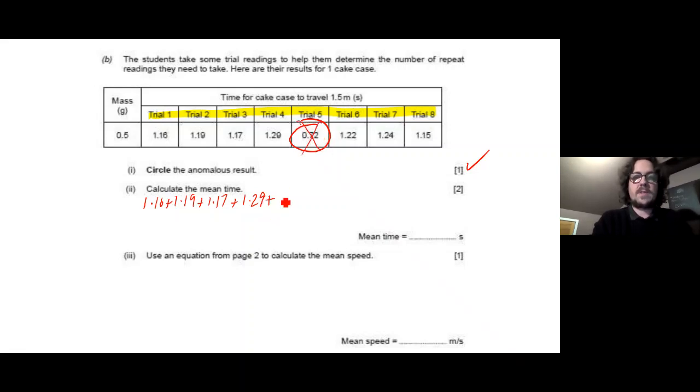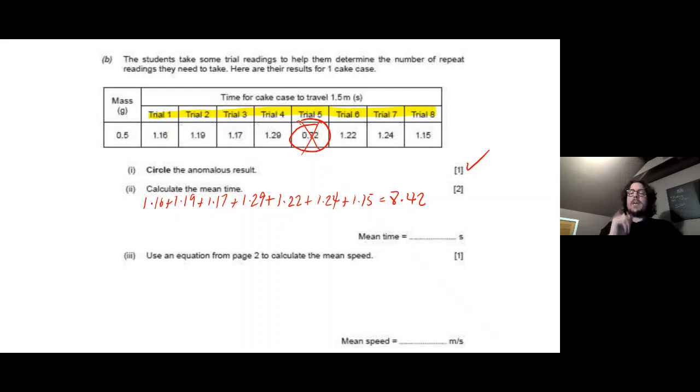Plus 1.22 plus 1.24 plus 1.15 equals, I just have to punch that in. 1.16 plus 1.19 plus 1.17 plus 1.29 plus 1.22 plus 1.24 plus 1.15 equals 8.42, and remember the importance of writing down the total first.